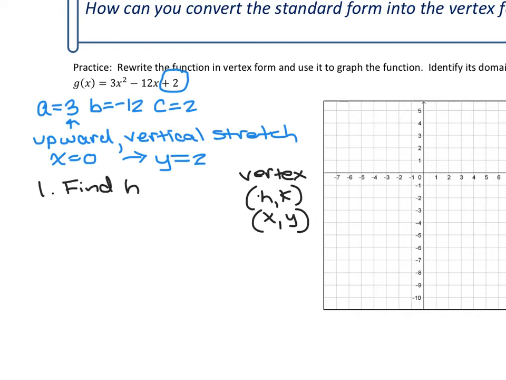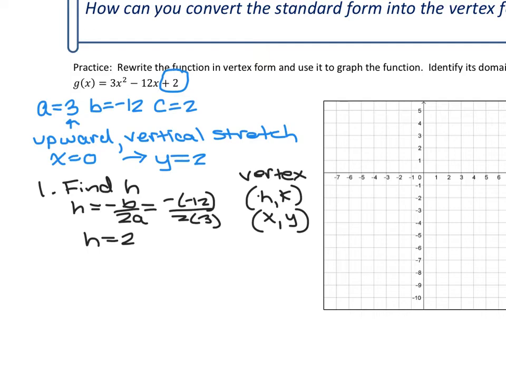And in the previous video, we learned that h equals negative b over 2a. So I'm going to substitute in: negative negative 12 over 2 times 3. So our h is going to be positive 12 divided by positive 6, which is 2.